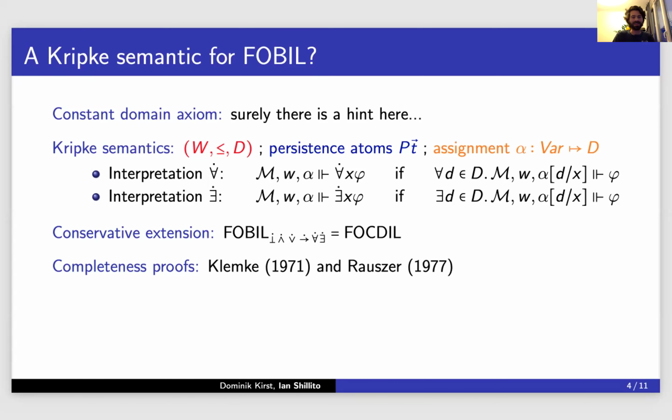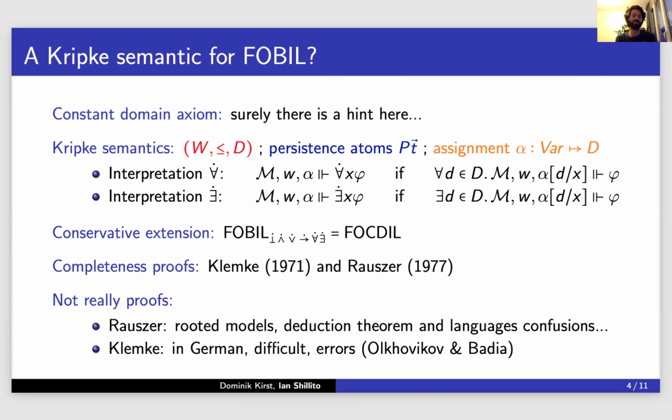The thing is that these proofs are not really proofs, in the sense that it's been already discussed, notably in my thesis quite at length, that Rauser has a lot of mistakes in the completeness proofs. And the one by Klemke is in German. Not necessarily that makes it incorrect, but it's quite difficult of access.